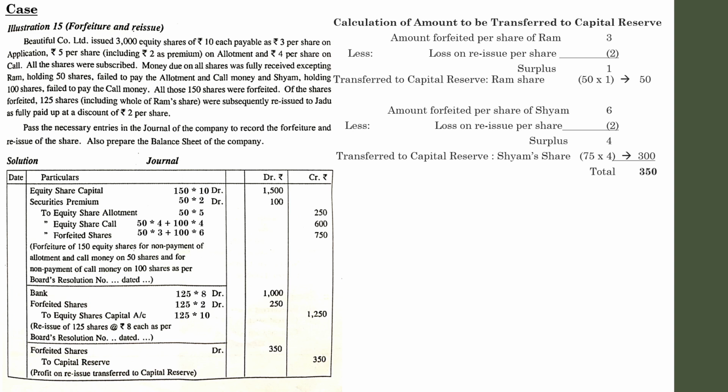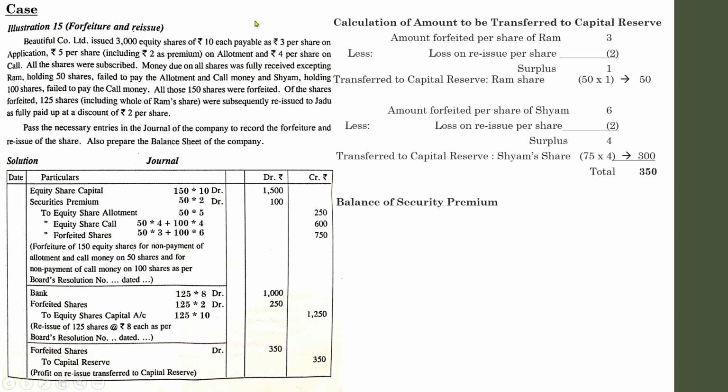Next one, we haven't completed the computation. What is the actual amount of security premium? Whenever there is a premium, you have to show the amount of premium as securities premium under the head reserves and surplus on the liability side. So what is the amount of premium that has to be shown in the balance sheet?